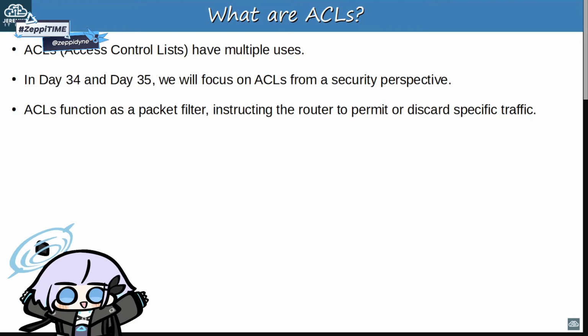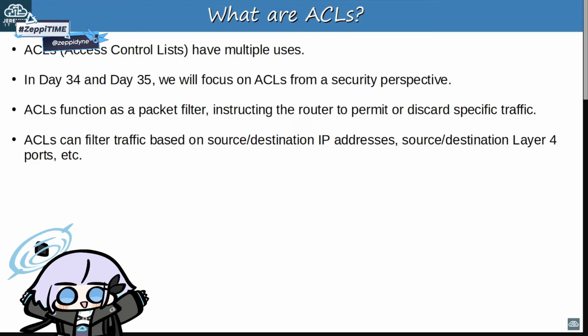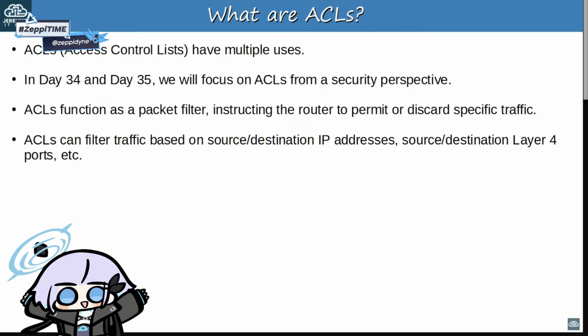Even if the router has a route to the destination, the packet might be discarded if the ACL tells the router to do so. ACLs can filter traffic based on the source and destination IP addresses, source and destination layer 4 port numbers, etc. For the CCNA, we'll just focus on those two, IP addresses and port numbers, but you can get more advanced with ACLs also.